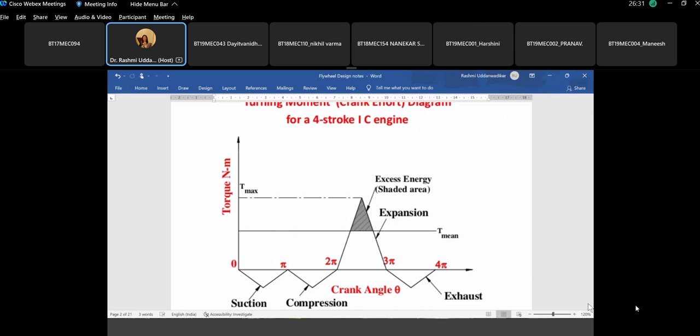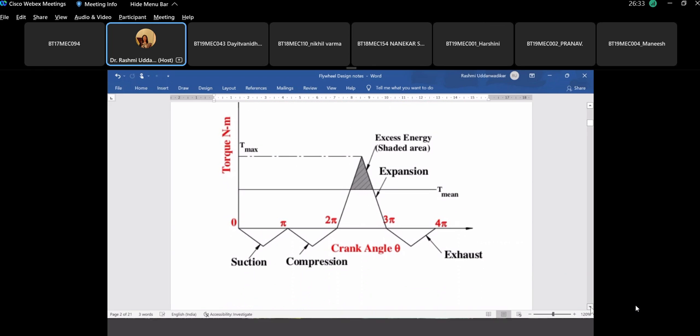But if we talk about an electric motor where the electrical energy is converted into mechanical energy, we know that power supply is constant. So at the input stage, it is always constant.